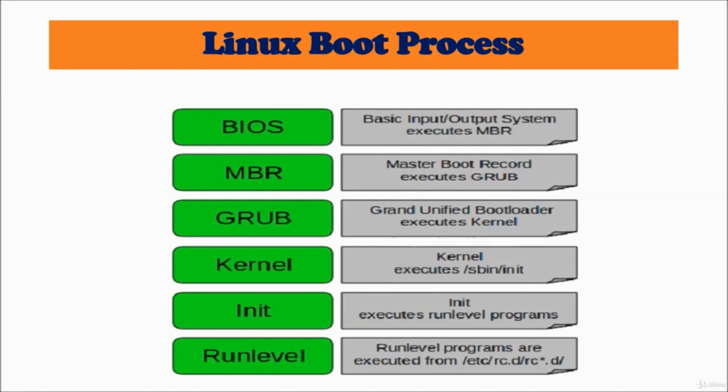Then it starts the initial RAM disk. The initial RAM disk, which is initrd, is used by the kernel as a temporary root file system until the kernel is booted and the real root file system is mounted. It also contains necessary drivers compiled inside, which help it access the hard drive partition and other hardware.